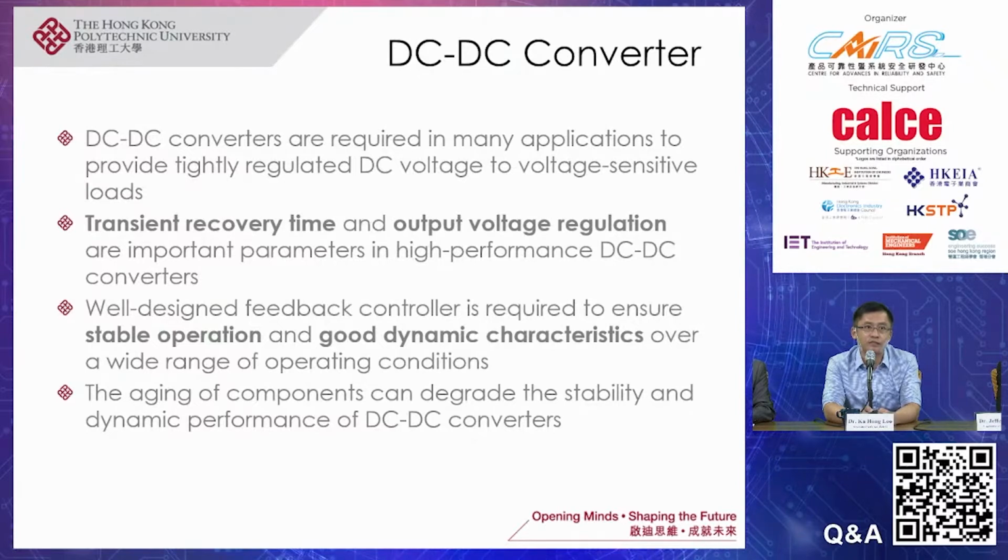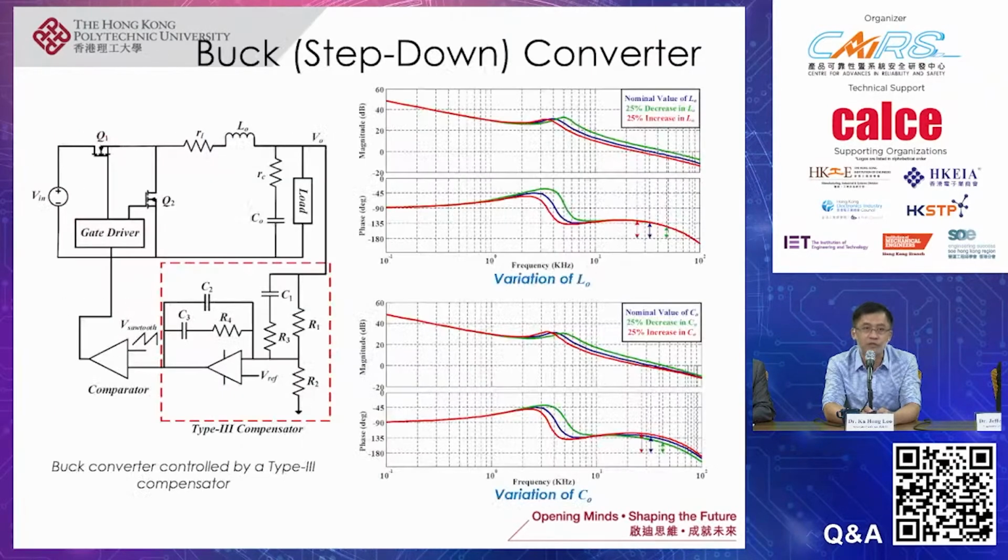And we find that the performance of a DC-DC converter can be adversely affected if this situation is not compensated or mitigated. Whereas by using appropriate methods, we can compensate for the aging of the components, and then we can actually extend the useful life of the DC converter, as we will show in this example here.